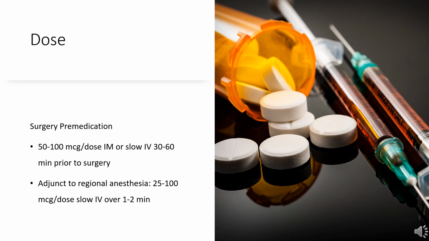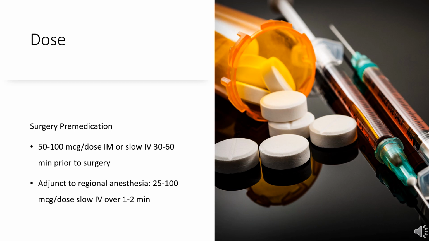Major surgery: 2 to 20 mcg/kg/dose initially, 1 to 2 mcg/kg/HR maintenance infusion IV. Discontinue infusion 30 to 60 minutes prior to end of surgery. Limit total fentanyl dose to 10 to 15 mcg/kg for fast tracking and early extubation.